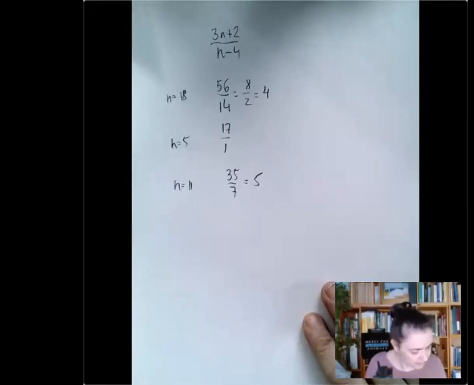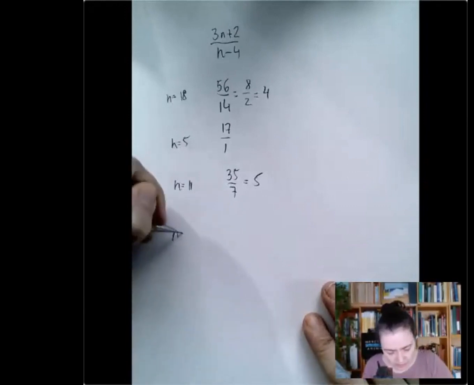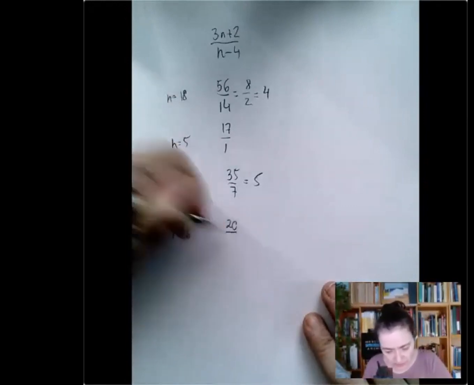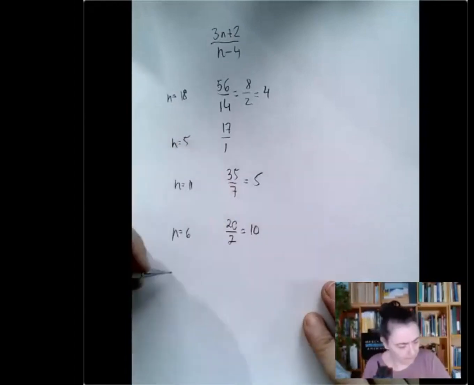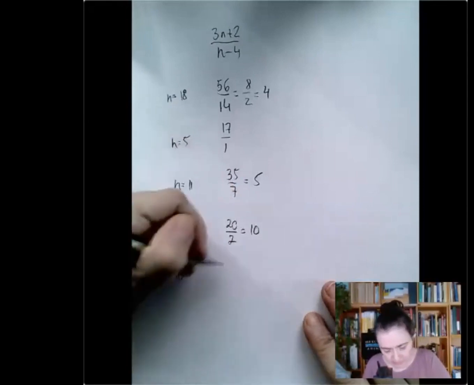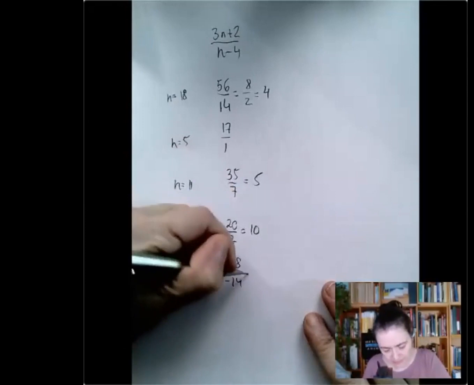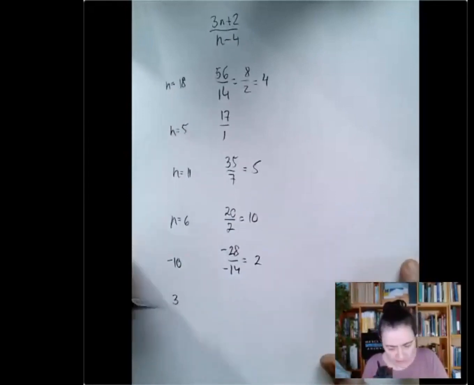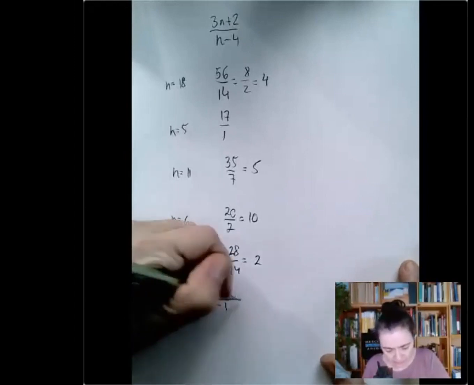What's next? 6. n equals 6. 3 times 6 plus 2 is 20. 6 minus 4 is 2. Yep. Negative 10. Negative 28 divided by negative 14 plus 2. 3. It's not going to be much of a surprise. 11 over negative 1.